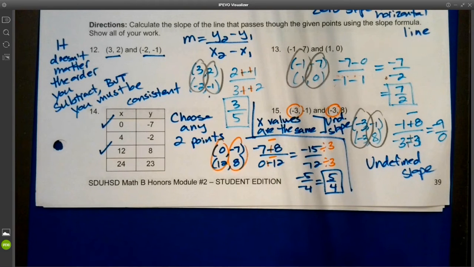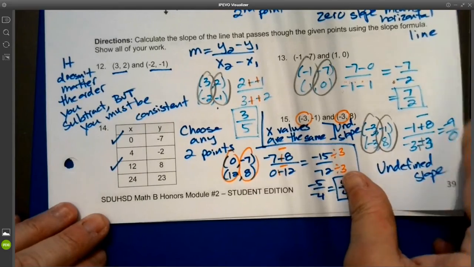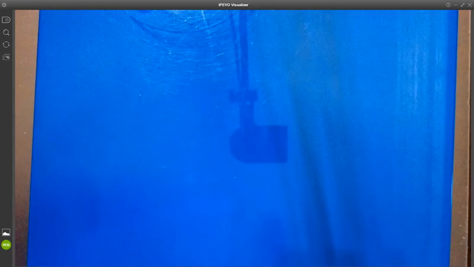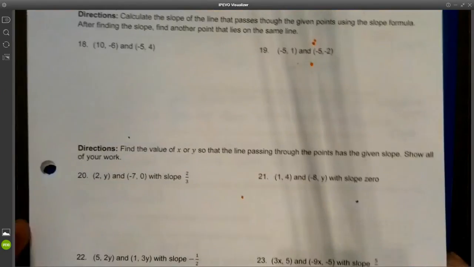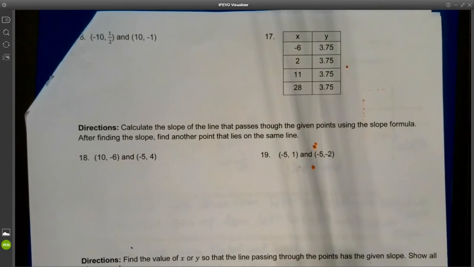All right, we're moving on to the last page. Holy smokeroonies, we are moving on to the last page. Unbelievable. Okay, so now I'm looking at 16 and 17, and I got a little saucy because there's some fractions in there.